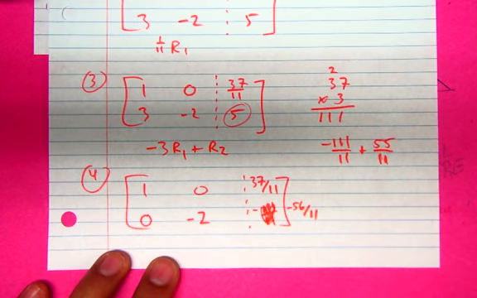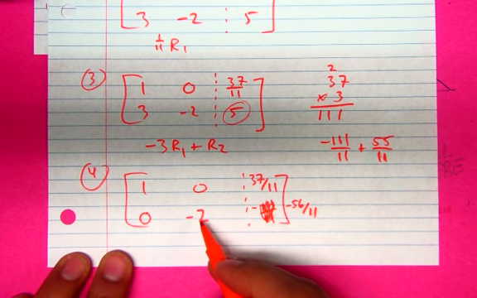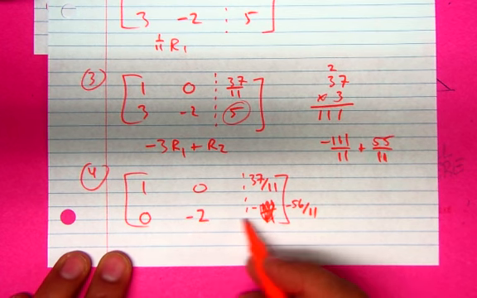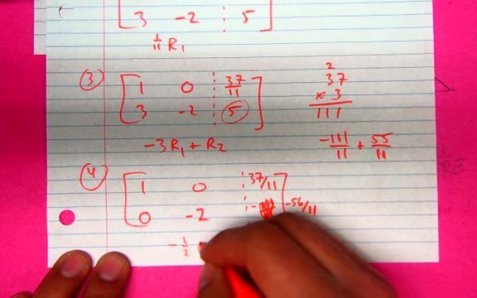One more step. How do I get rid of the -2 in front of y? Multiply by -1/2, right? So -1/2 times the second row, and I'm done.